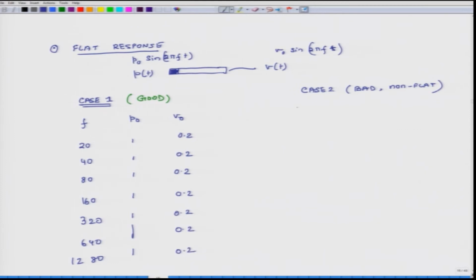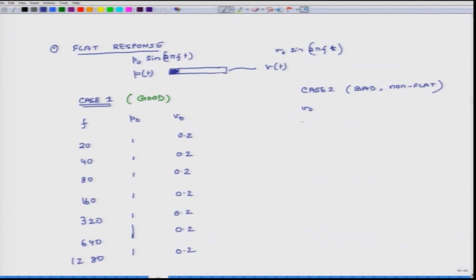For a bad microphone, I am not going to repeat the columns for frequency and pressure, they are the same. If the inputs F and P naught are the same, what will the output be? It will not be a flat thing. What may it look like?